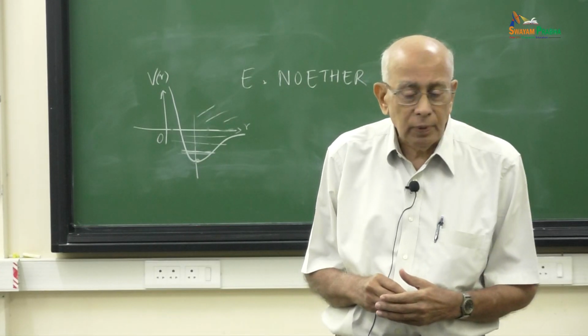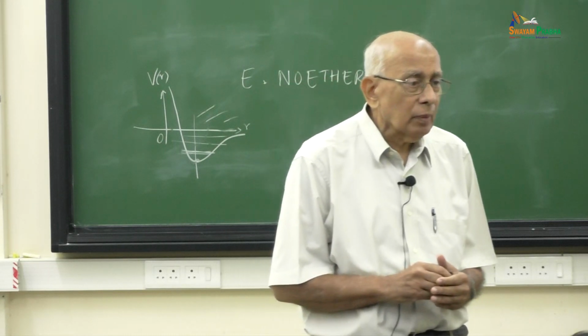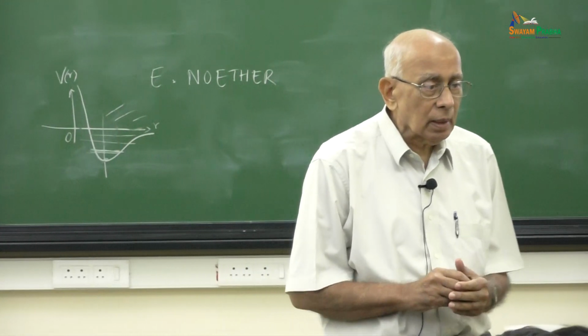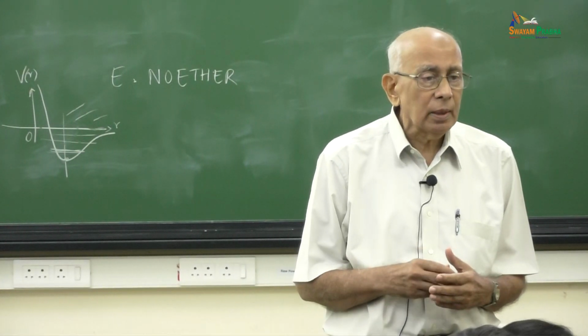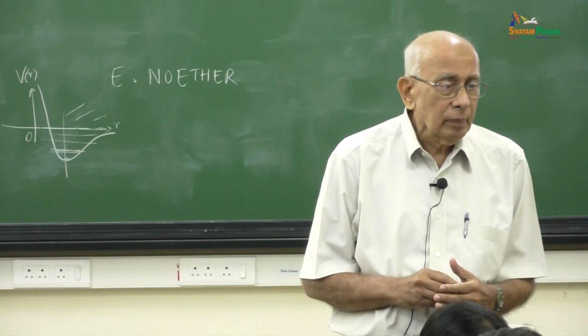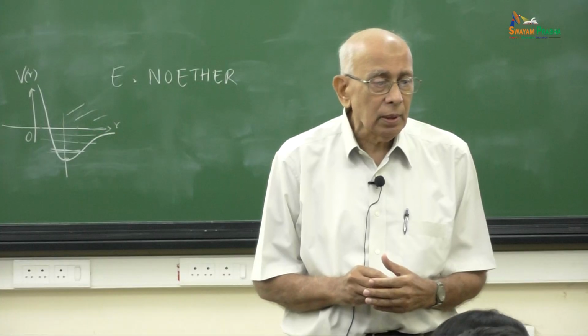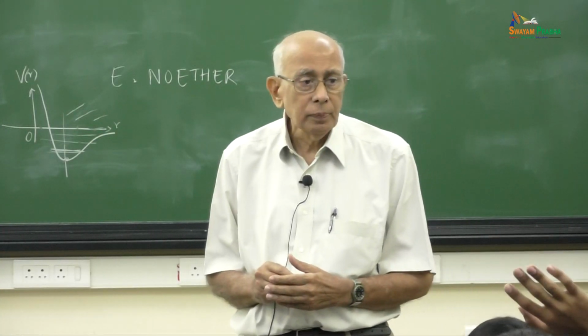But in spite of decades of very hard work by a large number of people, they have not been able to quantize gravity consistently, because it's a very non-linear theory, necessarily non-linear, couples to itself extremely strongly. So we don't know.